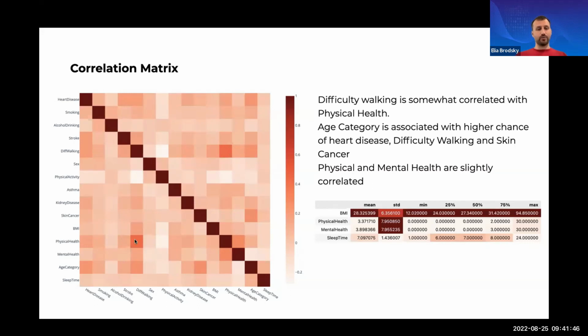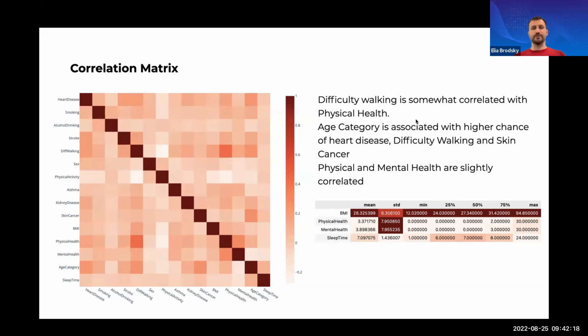And maybe the top one is the difficulty in walking and physical health, which is a very intuitive kind of a thing, right? So you can see that physical health, which is how you move, and difficulty walking should be correlated, right? And so those are the quick insights that you can get from here. In addition to that, you can get your typical statistical evaluation of each one of your numeric values, like BMI, physical health, mental health, and sleep time.